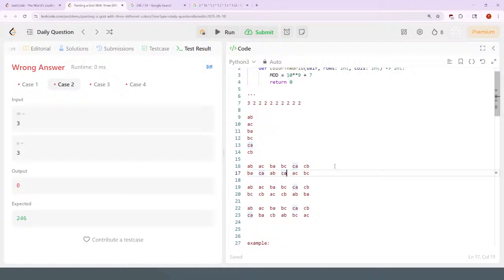So the ones that are alternating with the same two letters are 1, 2, 3, 4, 5, 6.